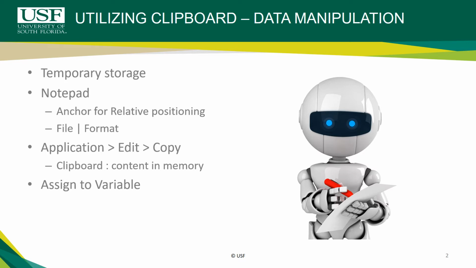Is it an absolute or a relative position? If it is relative, we need to have an anchor. We need to be able to identify the conditions for that particular piece of copy. Then we need to get the data from that source application. And by doing so, we put this data into a piece of memory that we call the clipboard.